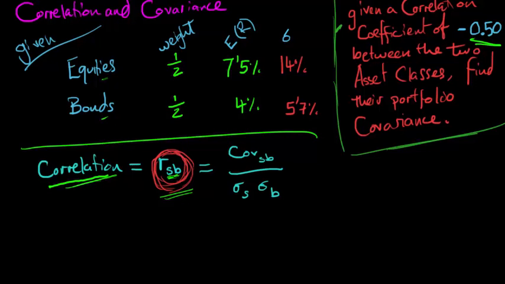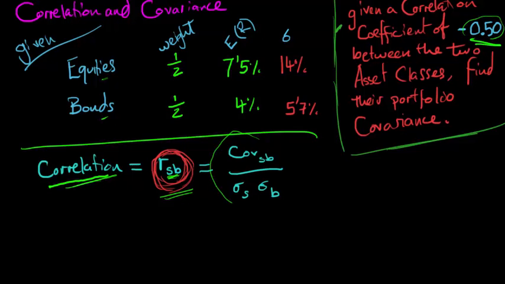So R of S and B, which is minus 0.5, is equal to the covariance between S and B divided by the standard deviation of S multiplied by the standard deviation of B.